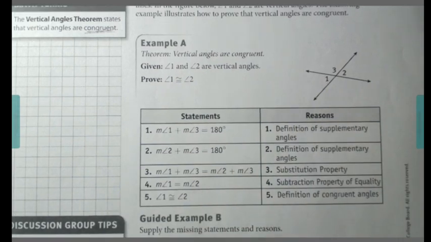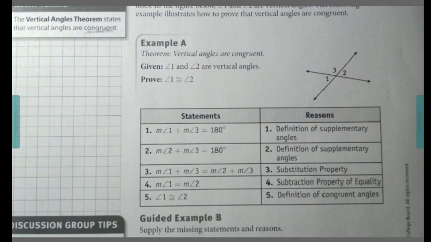It says, to start off, statement 1. The measure of angle 1 plus the measure of angle 3 equals 180 degrees. That's based on the definition of supplementary angles. In 2, it says the measure of angle 2 plus the measure of angle 3 equals 180 degrees.